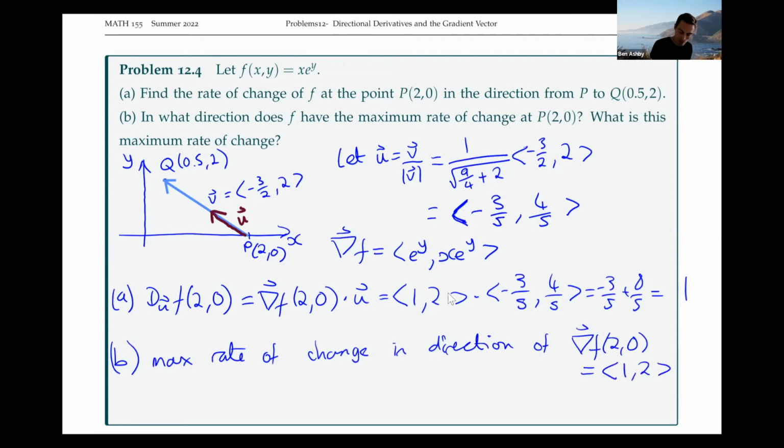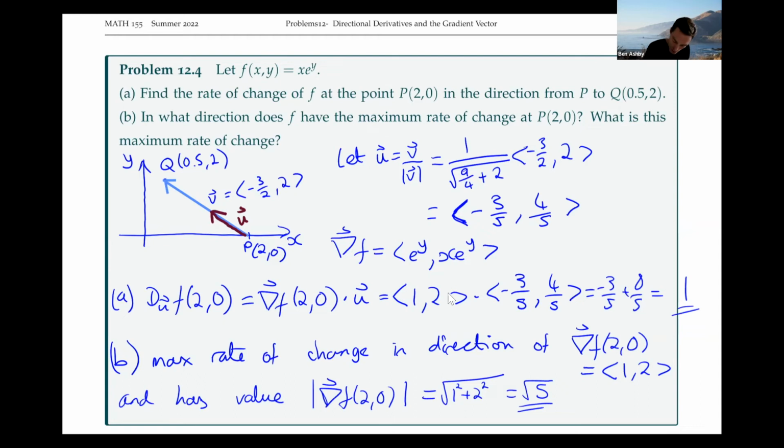So that's just this here. And the maximum rate of change is just equal to the length of the gradient at that point, which in this case is the square root of 1 squared plus 2 squared, which is root 5.